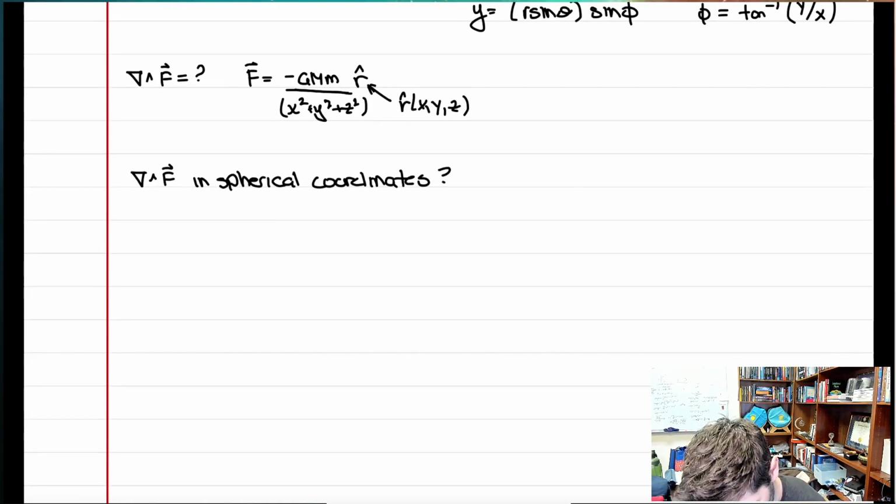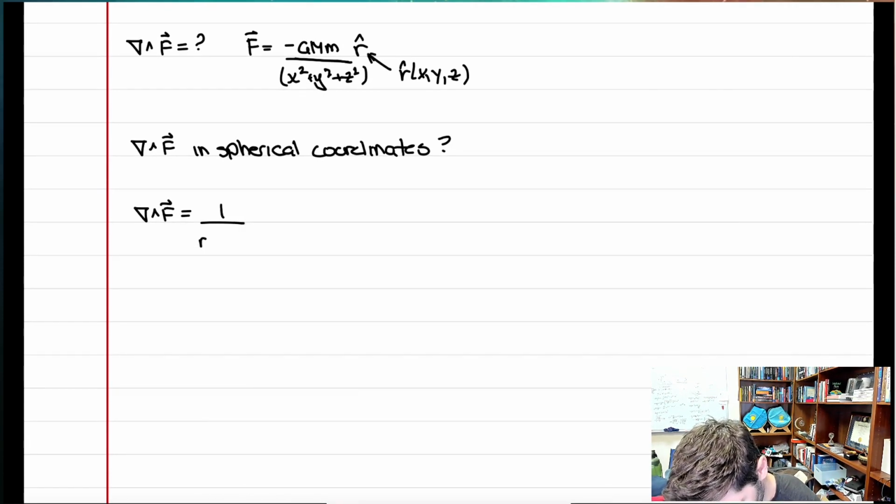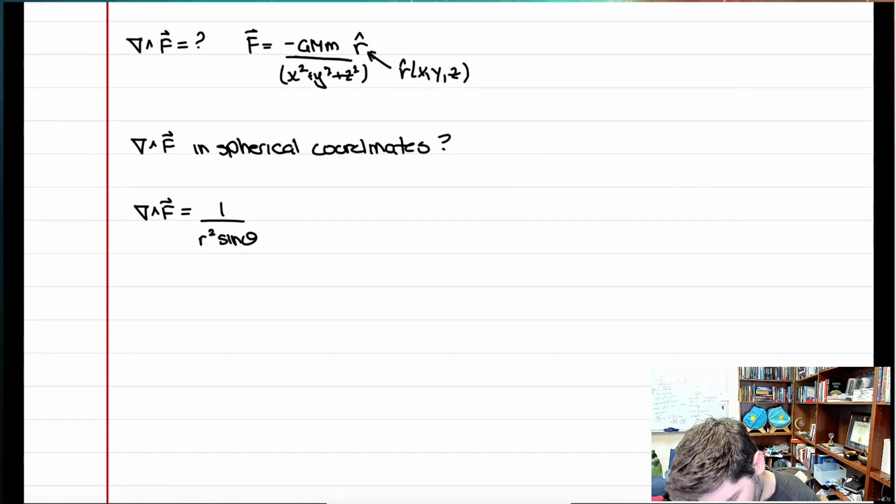So using your book, or using a table lookup, you can see that the curl in spherical coordinates is 1 over r squared sine of theta. And then there is still a determinant, but it's a little bit more complicated. The top line is not just the unit vectors, but it's r hat.